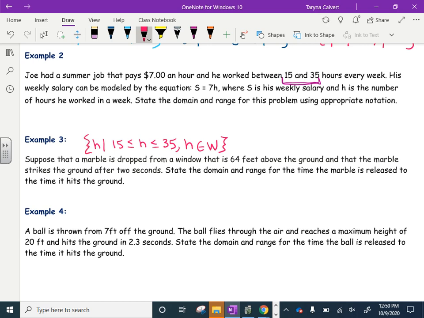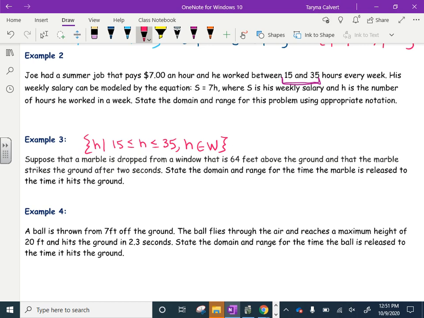Now, what about my range? How do I figure out the first amount? He makes how much an hour, guys? $7 an hour, and we're calculating his earnings between what and what? 15 and 35.